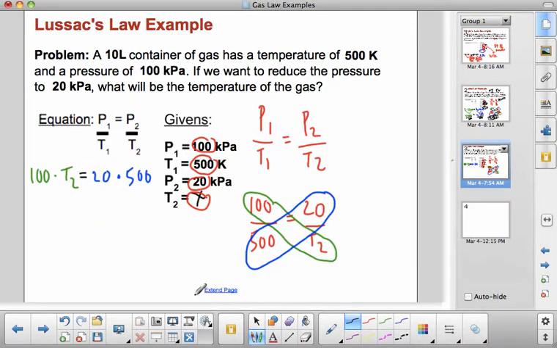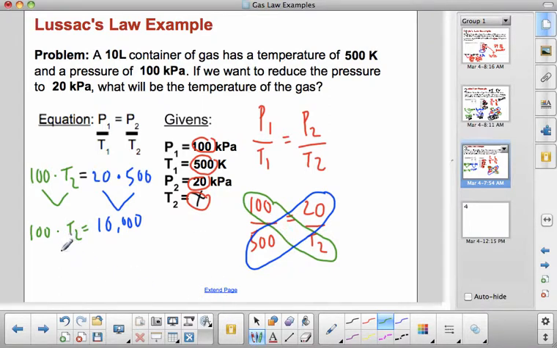So when we take a look, we can simplify this side of our equation because we have two numbers. The 20 times the 500 is going to give us 10,000 on that side of the equation. I can't simplify this side any more because I have the variable, the T2, so it's going to remain the same.